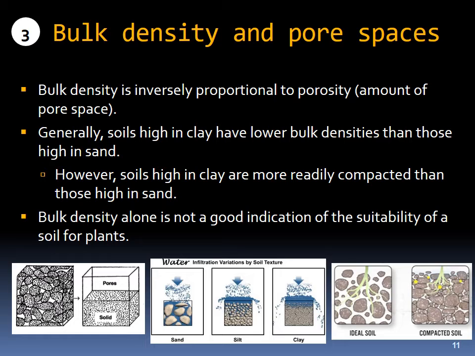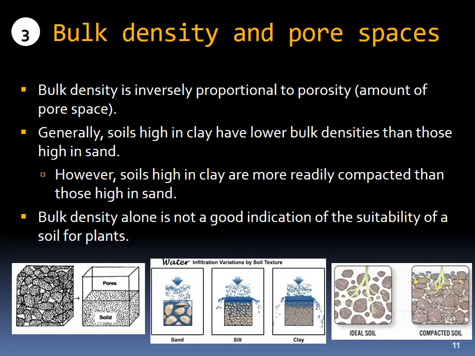If you compare it to clay soil, it is made of much smaller particles, and therefore you have more spaces, more pores there. And not only that, the minerals in clay soil are usually secondary minerals, not quartz. Those are light minerals. That's why the mass of clay would be much lower than the mass of sandy soil, and therefore you will end up with a lower bulk density for clay soil.